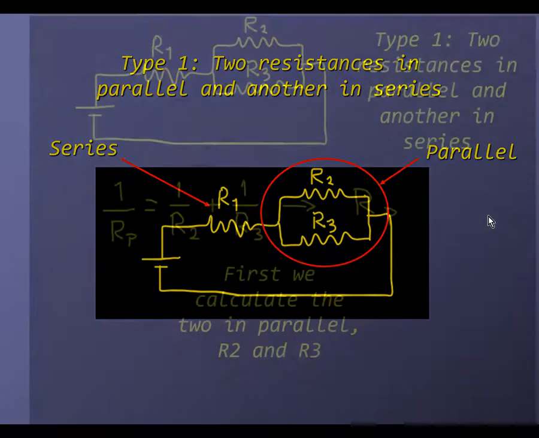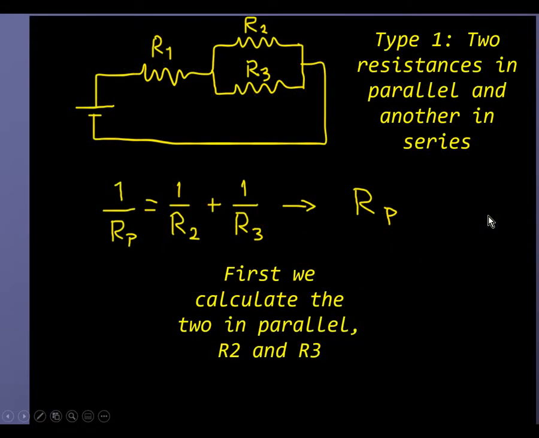Okay, and we have a way to solve them, and it's just by solving first the parallel connection. So we start by getting rid of these two resistances, number 2 and number 3. So we have to apply the very well known parallel formula to find out the parallel resistance.